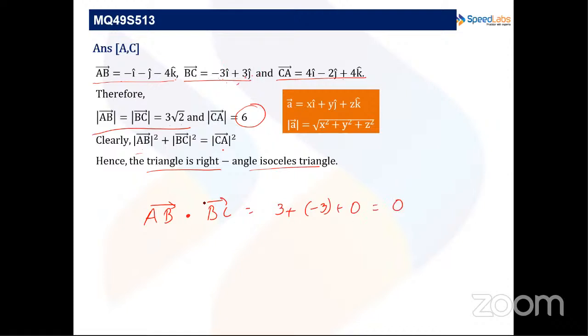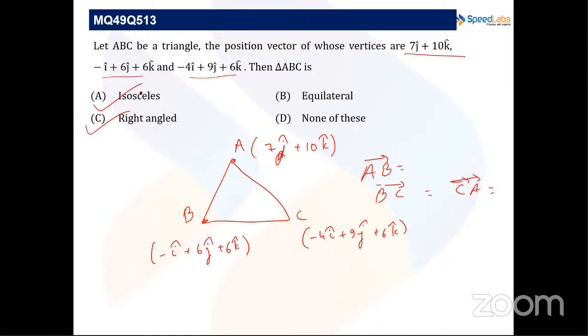The dot product is 0, that is the angle between vectors AB and BC is 90 degrees, that is angle B is 90 degrees. So it is a right angle triangle. And from the magnitudes, we can see that it is an isosceles triangle. So the correct options are right angle and isosceles.